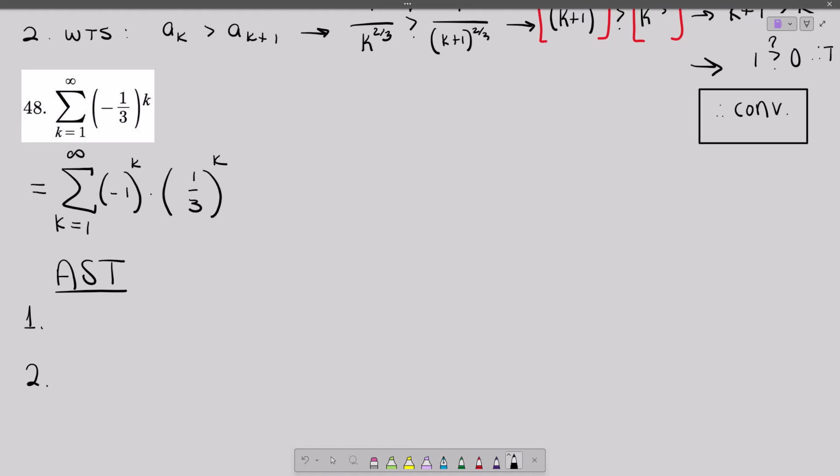Let me know if you have a question on either part of the alternating series test. There's 2 parts to it.